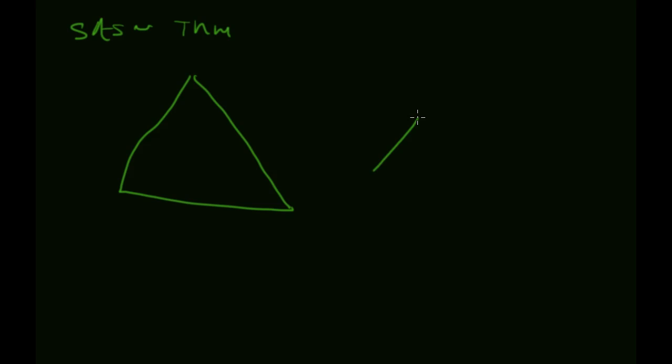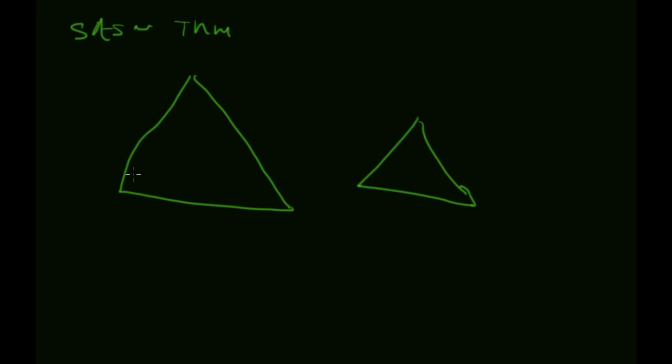Okay, so the second one is going to be the SAS similarity theorem. And this basically says, again, I have two triangles. There's one, there's the other one.